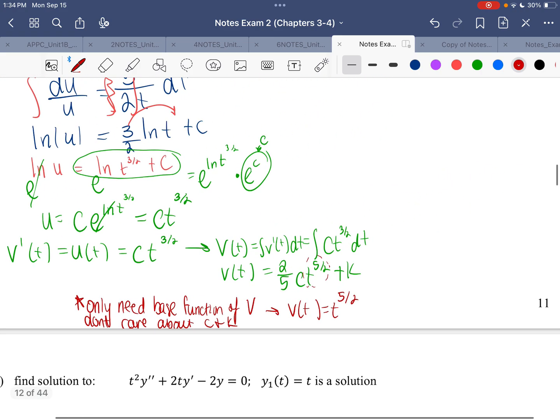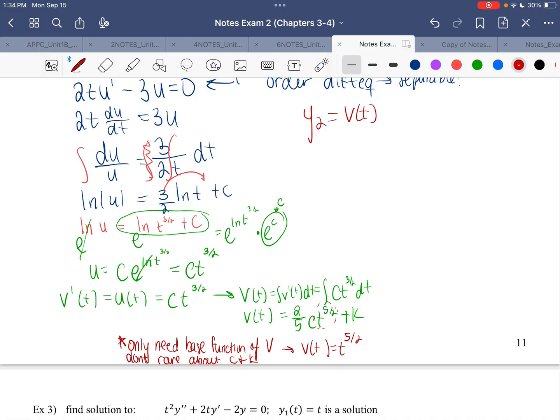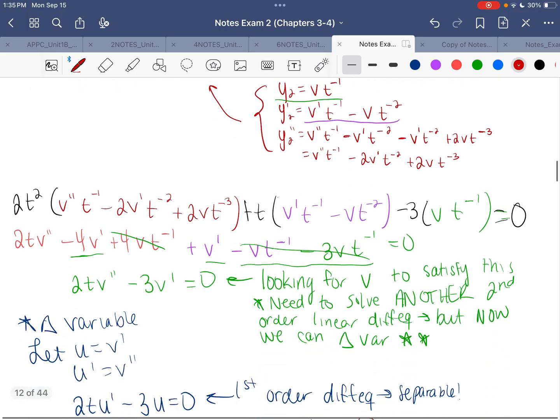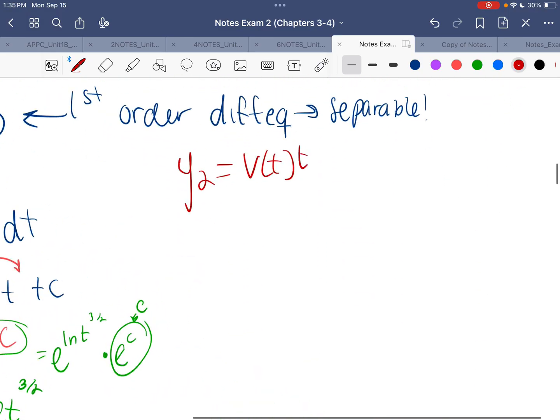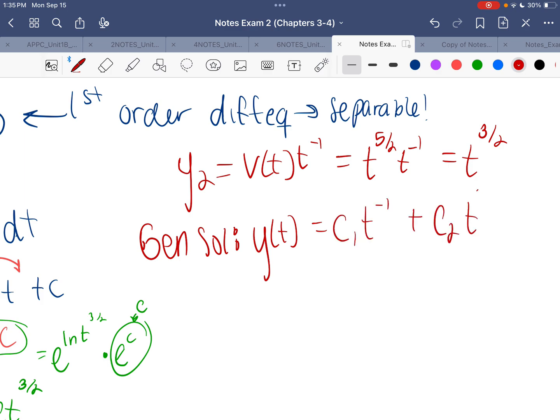So then y2 was equal to v of t times y1, which was t to the -1. So y2 was equal to t to the 5/2 times t to the -1. So our general solution is C1 y1, which was t to the -1, plus C2 y2.